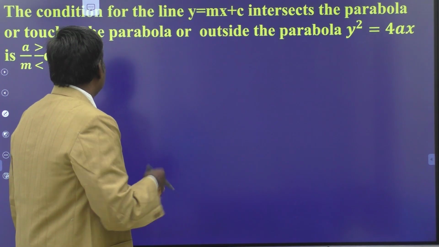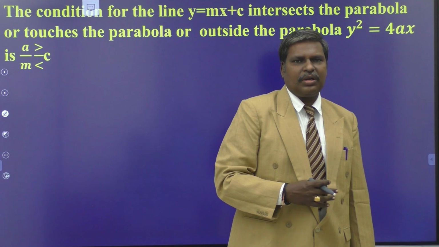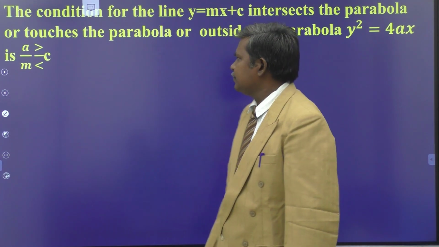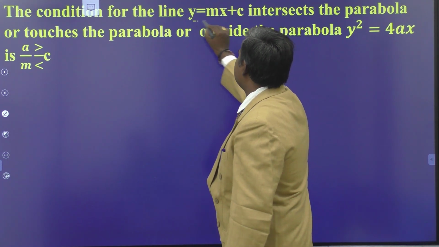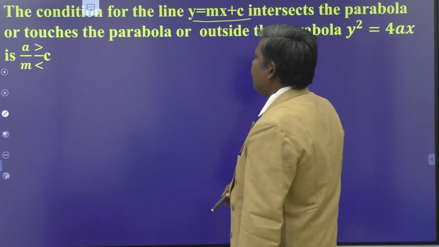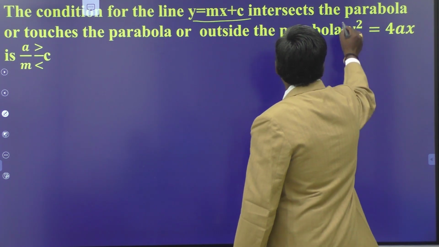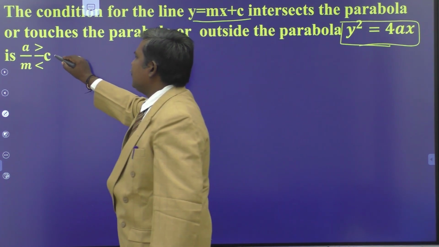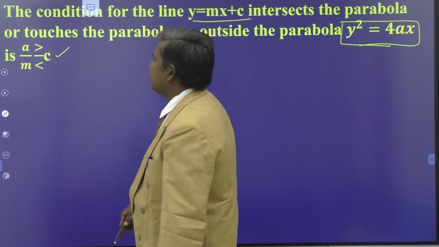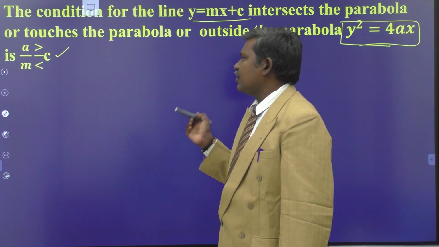Now, let us see the theorem. Once you have a concept, immediately we obtain the theorem in geometry. Already we said, the condition for the line y equals mx plus c to intersect the parabola, touch the parabola, or be outside the parabola y square equals 4ax is a by m greater than, equal to, or less than c.